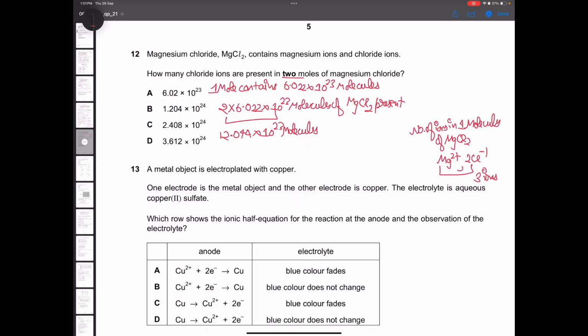Then simply count how many ions are there in a single molecule. It appears that there are 3 ions in a single molecule. So if you find total ions, just multiply 12.044 times 10 to the power 23 with 3. So the answer will come out to be option C. Very simple. I have simply used the unitary method of maths here.